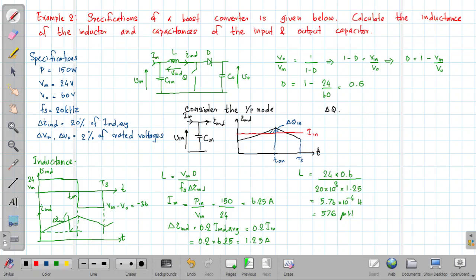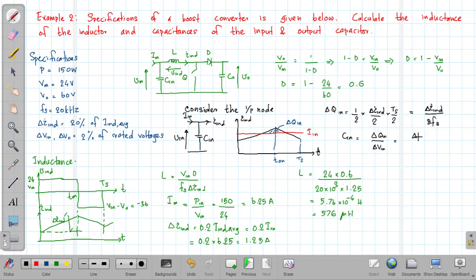Delta Q in is equal to half times delta I inductance by 2 times Ts by 2, which is equal to delta I inductance over 8 Fs. Then we can write C in to be equal to delta Q in over delta V in.